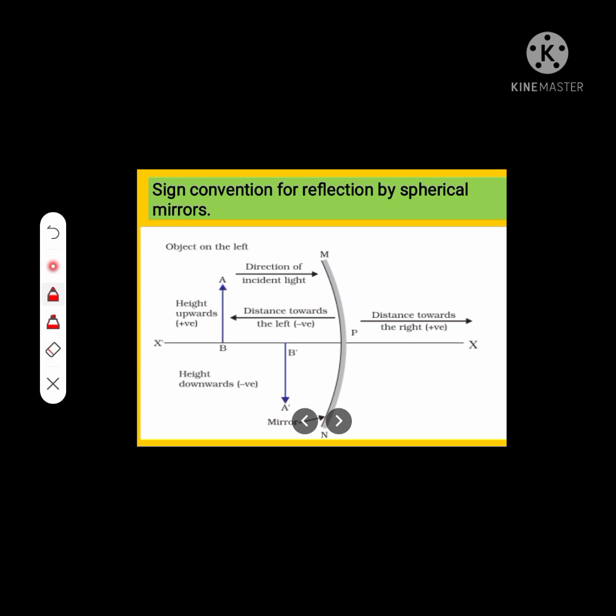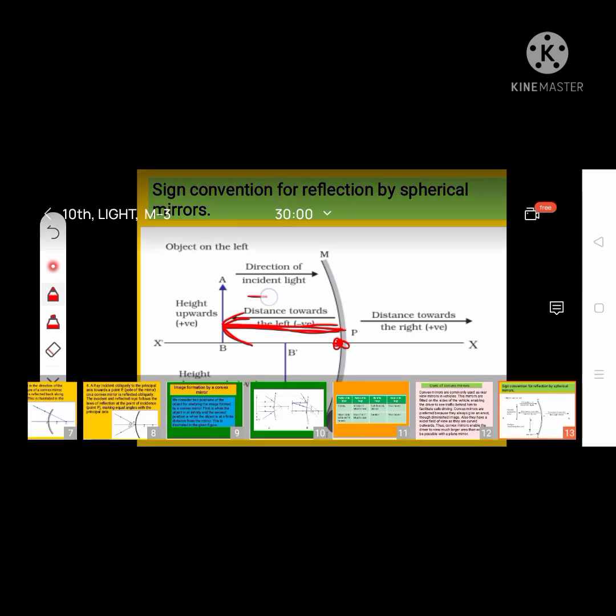So it is placed here. So we can take the distance from the pole. So we always measure this distance from the left side of this pole. From the left side, so we can take it as a negative value.